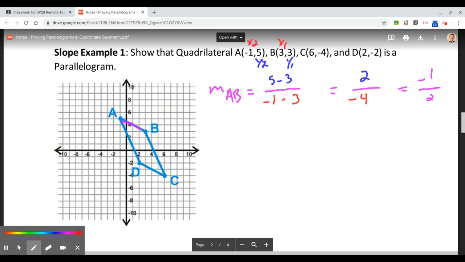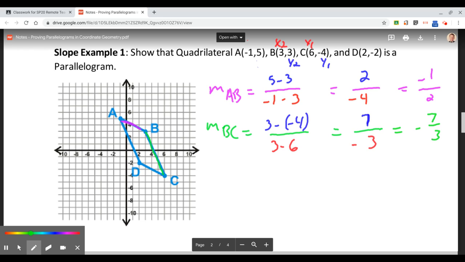All right, so when you get this, the slope for AB equals 5 minus 3 over negative 1 minus 3, which equals 2 over negative 4, which gives a slope of negative 1/2. Okay, now let's pick another line segment, and I'm going to pick BC.